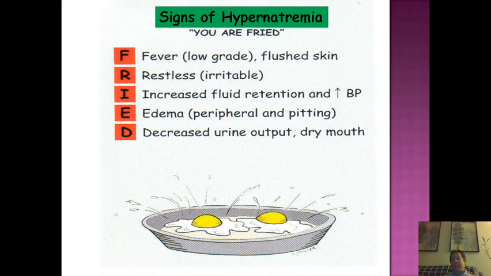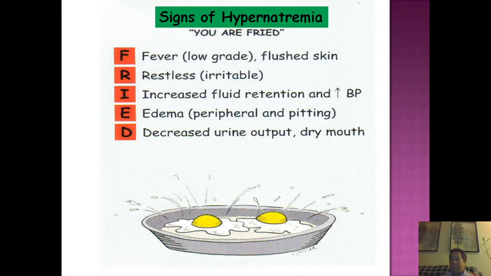Again, remember, hypernatremia is usually associated with dehydration. And so, if you're losing too much water, making the blood concentrated, you're also losing the cooling effect of water coming from the inside, and so it can lead to an elevation of body temperature.